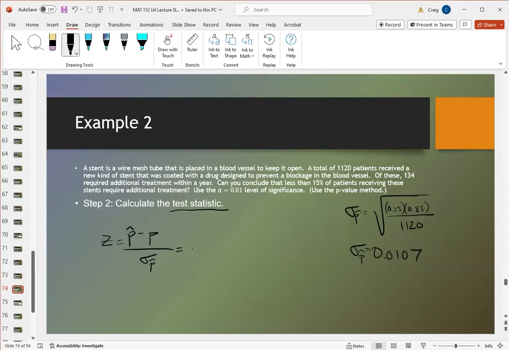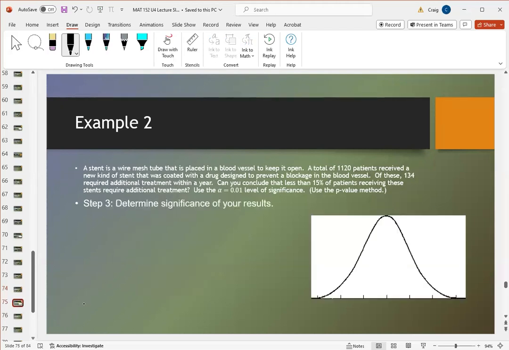Now to calculate Z, our sample proportion was 0.12, and the value we're comparing it to is 0.15, so 12% and 15%, divided by 0.0107. This gives us a Z value of negative 2.804.